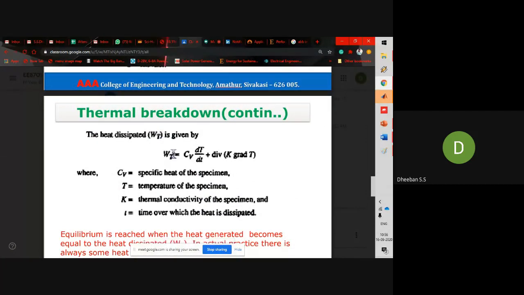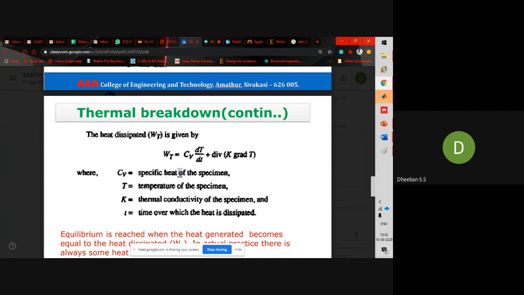So thermal breakdown is a very important question. They will be asking it frequently. This is what you have to get into. So this is the formula for the thermal breakdown. That is, the heat dissipated W_T is equal to C_V, where C_V is nothing but the specific heat of a specimen. For each and every type of material or type of atom, there is a specific heat value.